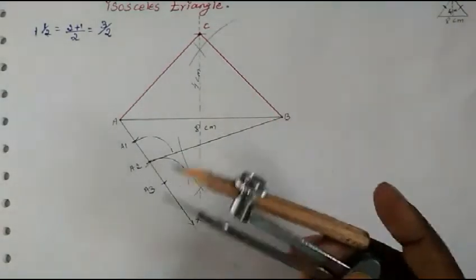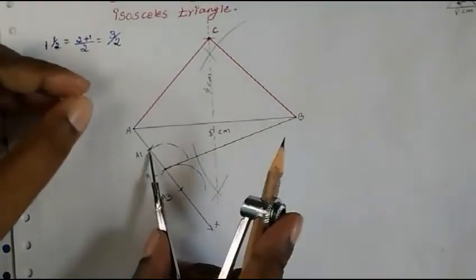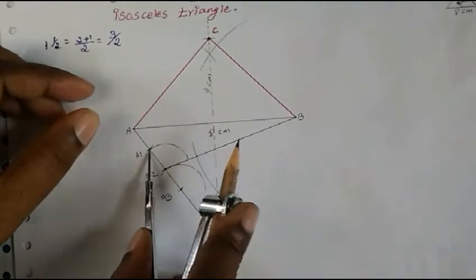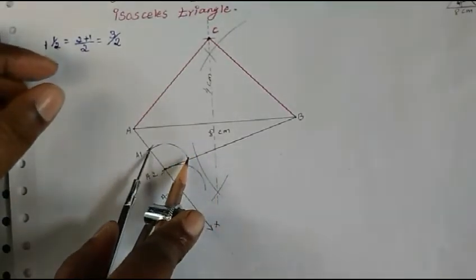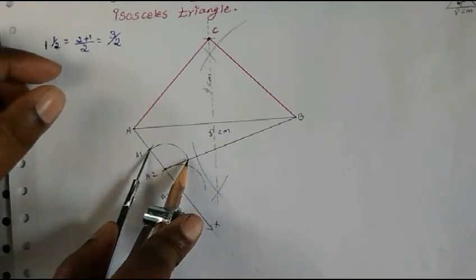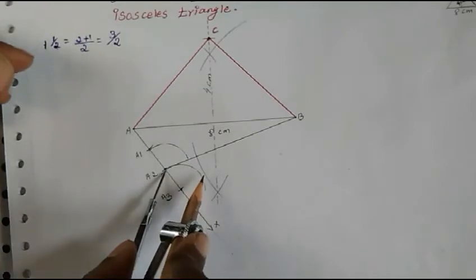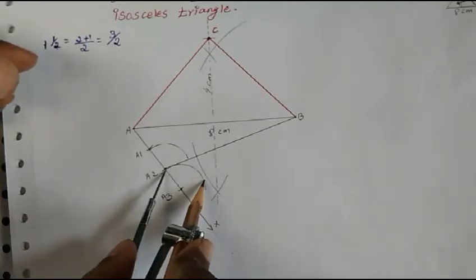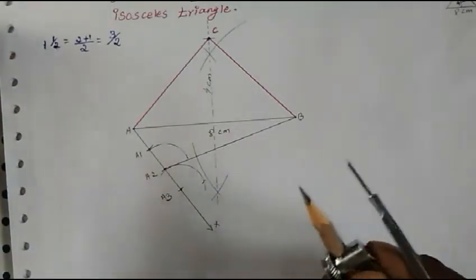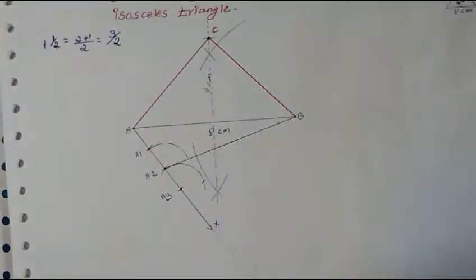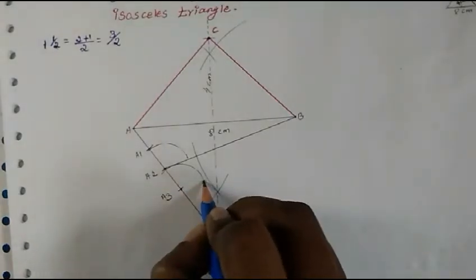Now let us measure this arc. The same measurement we will take for this arc. So the point is coming here. So let's join that.